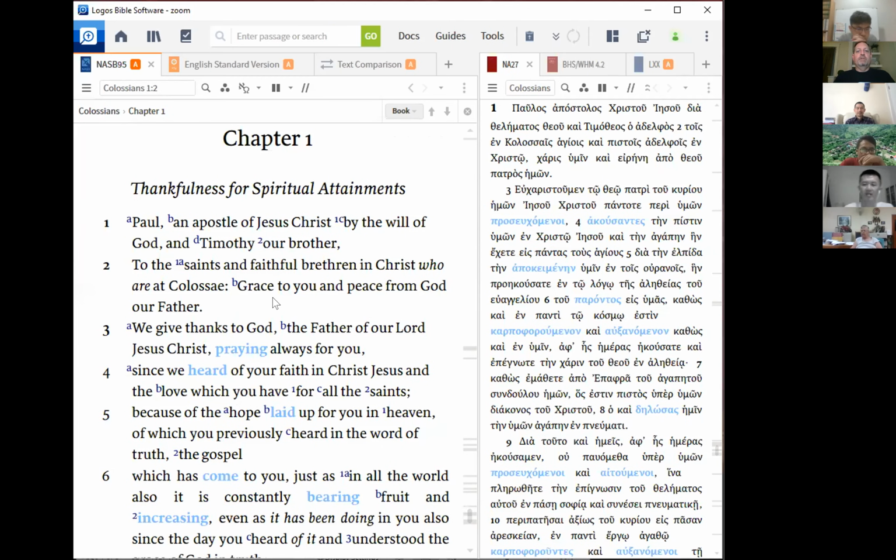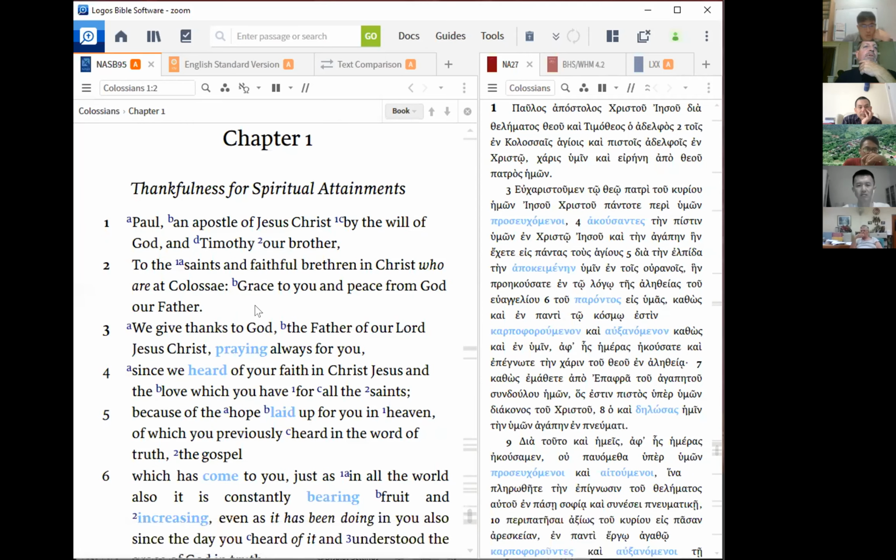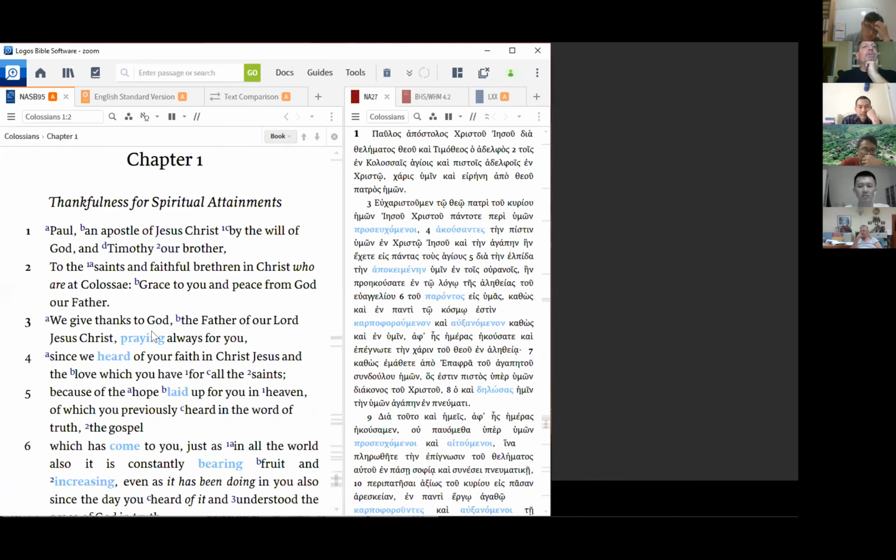I just have the text here. Anyone see words that are put in italics? "Who are." Verse 2. Now, why is that? Why did they put those in italics and not the rest?